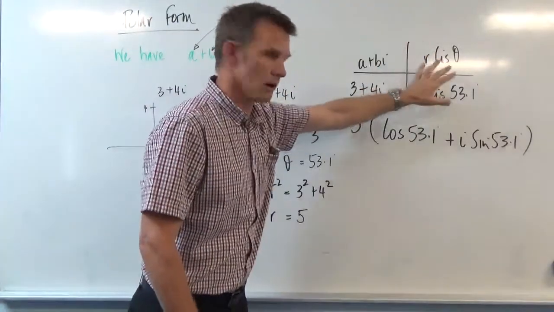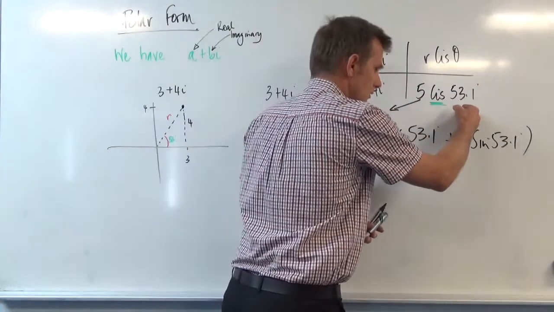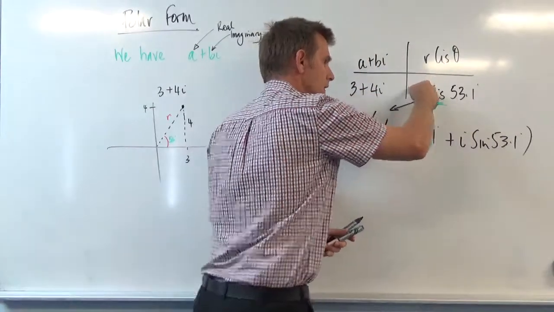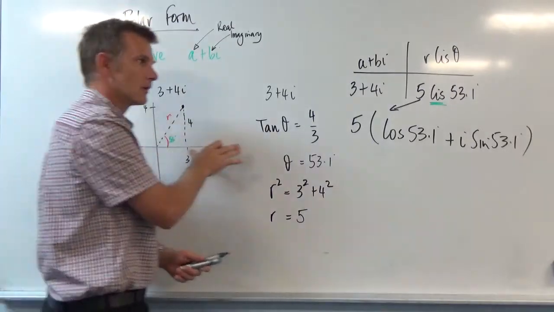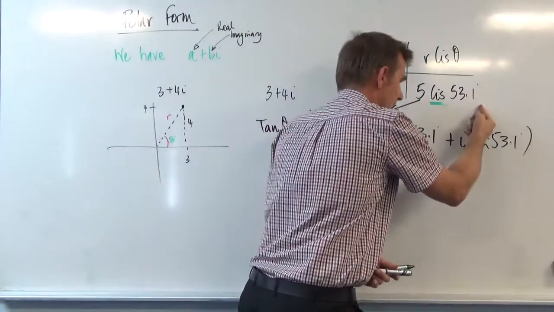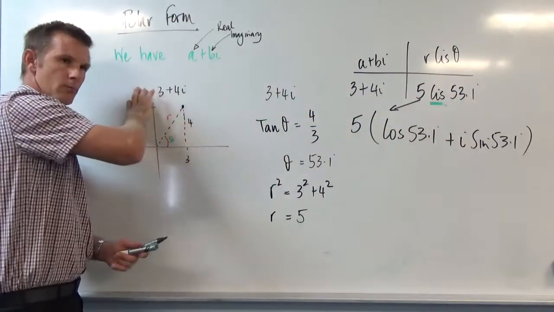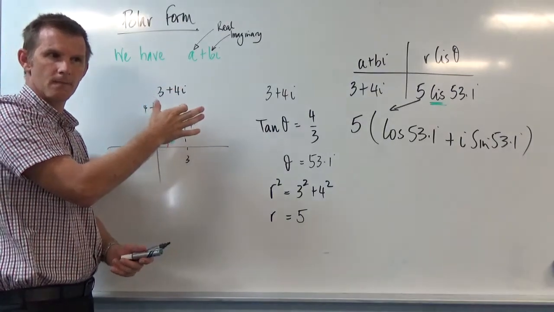If you're given it like this, you've got to see it as being cos i sine, and realising that the cos of that angle multiplied by 5 will give me the horizontal or the real component, and the sine of that angle multiplied by 5 will give me the vertical component or the imaginary component of that complex number.